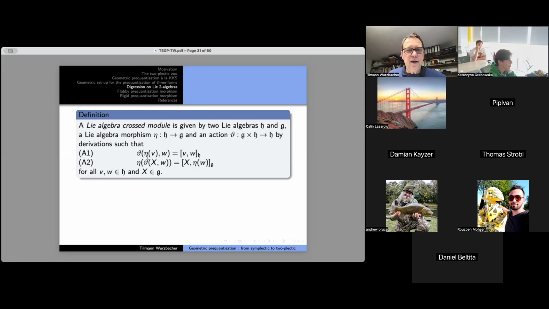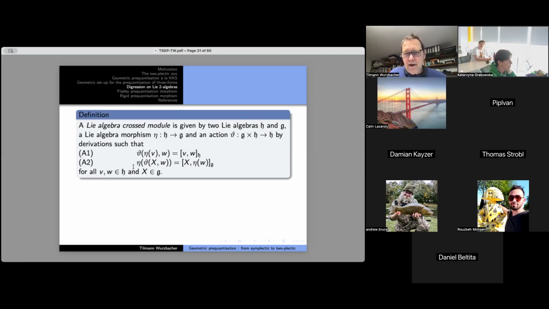You take eta of V, you land in G, and then you can act again by theta because you are in G. So you have theta of eta of V applied to W, and this should be the commutator. That's already an interesting thing because I will reformulate it without the bracket on H. You might think you lost information, but this formula shows that the commutator of H is fixed by the other data.